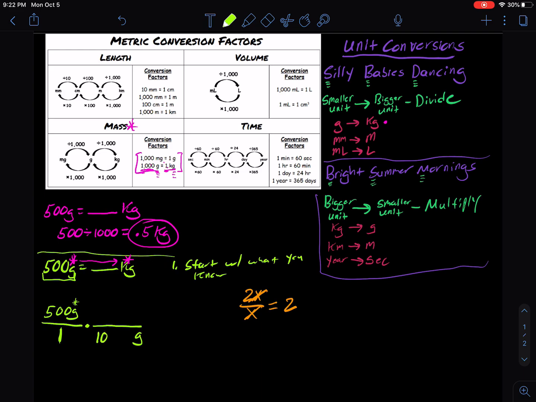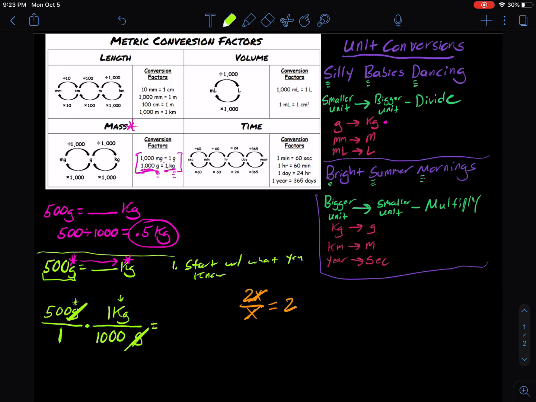So you get 1,000 grams, because that's what it says up above, equals 1 kilogram. And what happens, these grams cancel out. They disappear. The only unit left now is kilograms, which is what we wanted. So we're good. You always want to end with the unit you're looking for in the numerator.